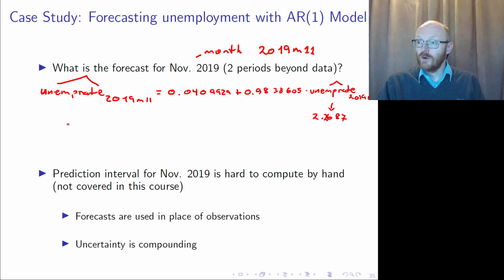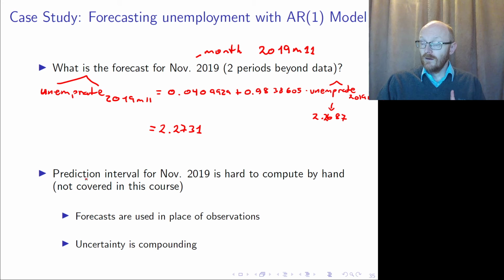Plugging in 2.2687 for last month's unemployment rate gives an estimate for November of 2.2731, so our model gives a forecast which is slightly upward sloping for the next 2 months.